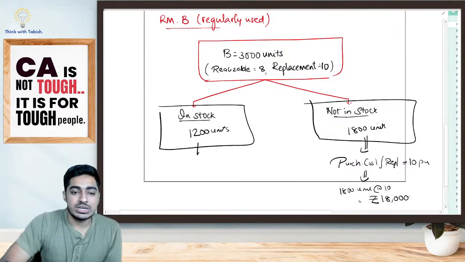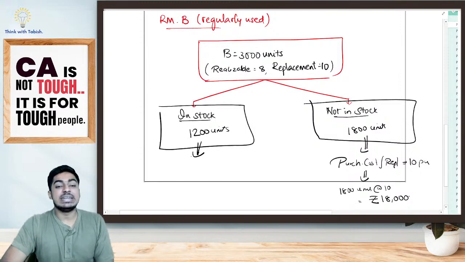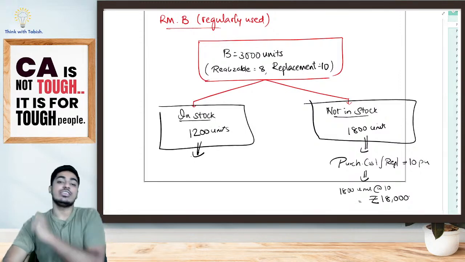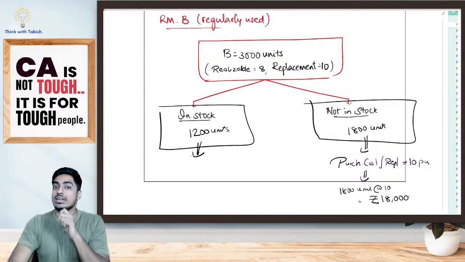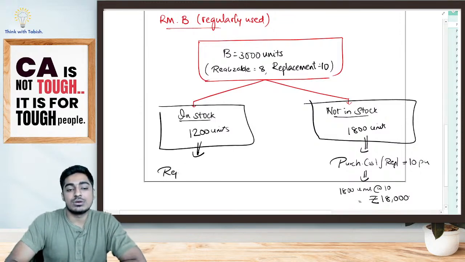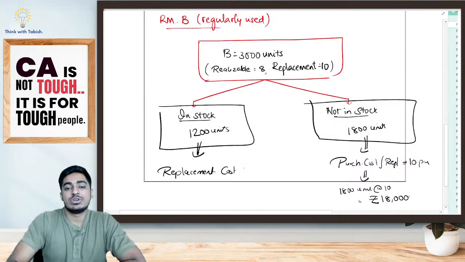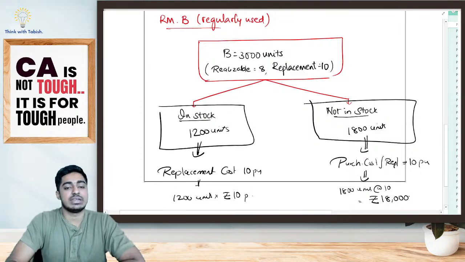Now 1200 units are already in stock. What is the question telling? Material B is regularly used. So if it is in stock and regularly used, what do I need to do? I need to replace that. So replacement cost is going to be relevant. Replacement cost of 10 per unit. So for these 1200 units also, I need to replace. To replace, I will be incurring 10 per unit.